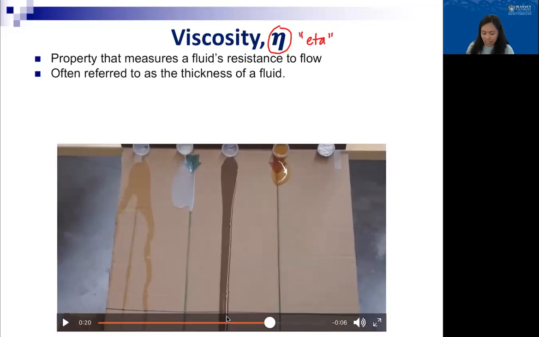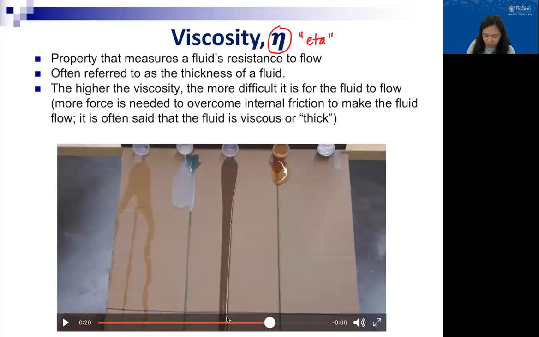So in this case, with these different fluids, the lotion would have the highest viscosity, and we say that it's the most viscous among the liquids considered. All right, so the higher the viscosity, the more difficult it is for the fluid to flow, which means you need to exert more force to overcome the internal friction. And we say that the fluid is viscous, or what is often referred to as being thick.